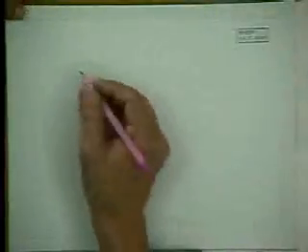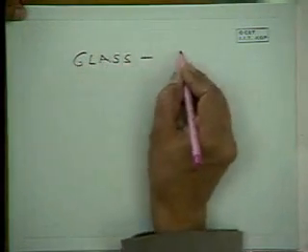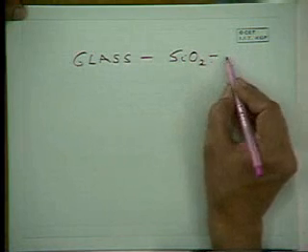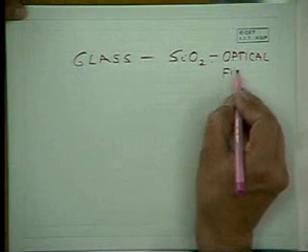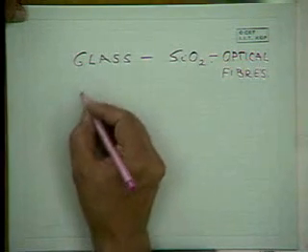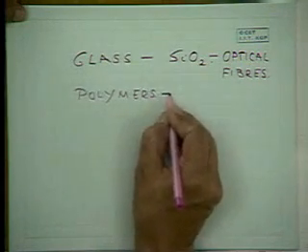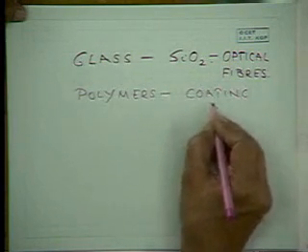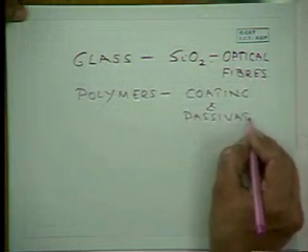Apart from that, we have glasses, and I will talk mainly about SiO2 based glasses, which are at the heart of optical fibers. There are also polymers, which are used for coating and passivation, both of glasses as well as for semiconductor devices.